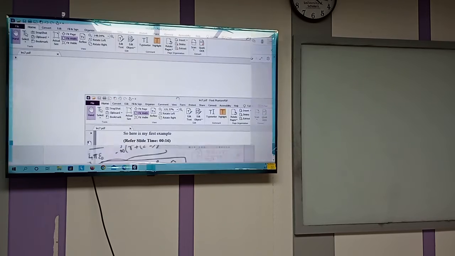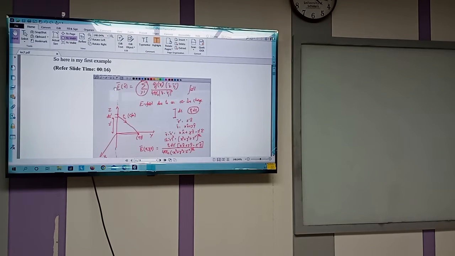If you can remember this, electric field is equal to Q into the vector divided by 4 pi epsilon naught mod of r minus r bar prime whole cube, right?